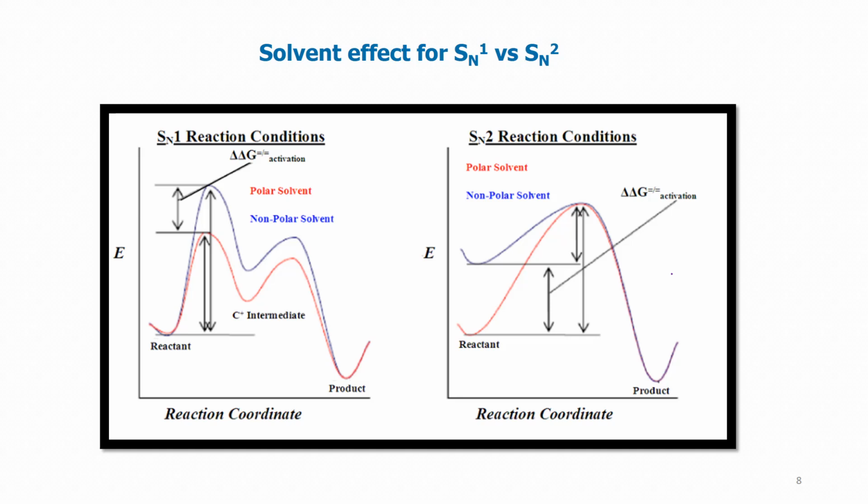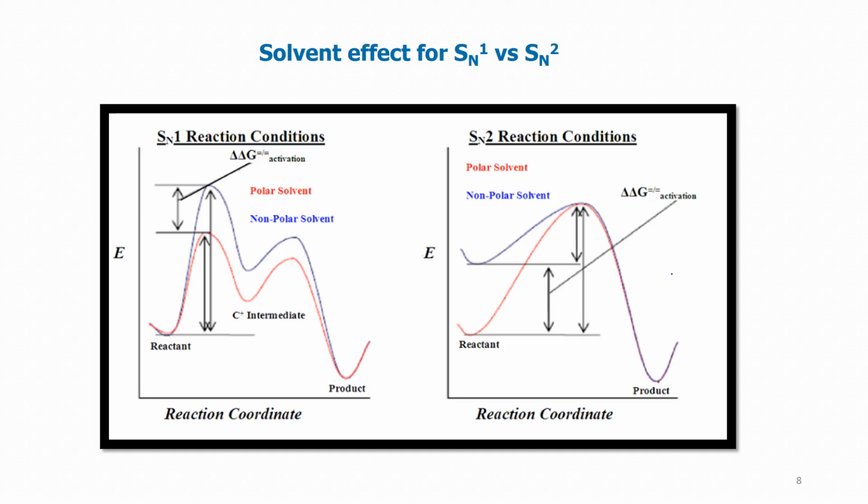In case of SN1 reaction, due to generation of charged species, the intermediate gets more stability than the substrate, whereas in case of SN2, the substrate gets more stability than the intermediate.